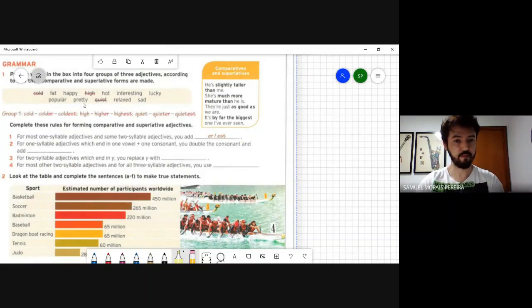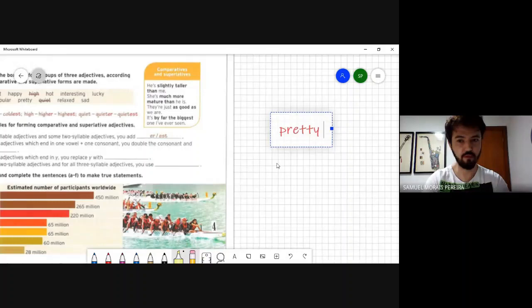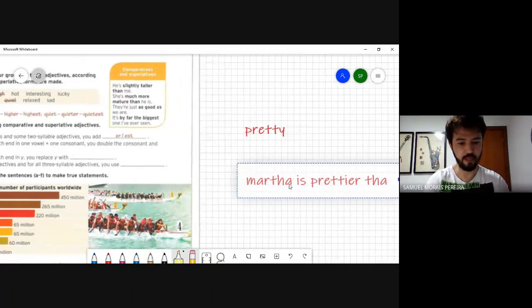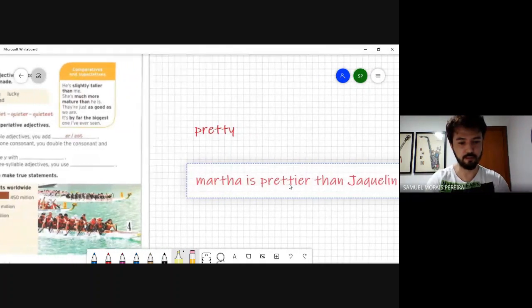And then pretty, a mesma coisa, ó. Prettier, prettiest, né? Só lembrando, ó, pretty significa bonita. So, for example, olha, Martha is prettier than Jacqueline. Can you see?